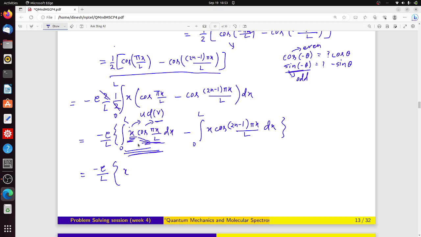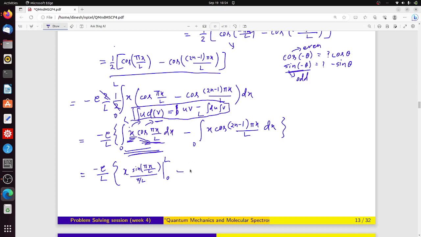Then v will be the integration of cos pi x over L, which is sin pi x over L by pi over L. Limit goes from 0 to L. Then this is equal to uv minus integral of v du.